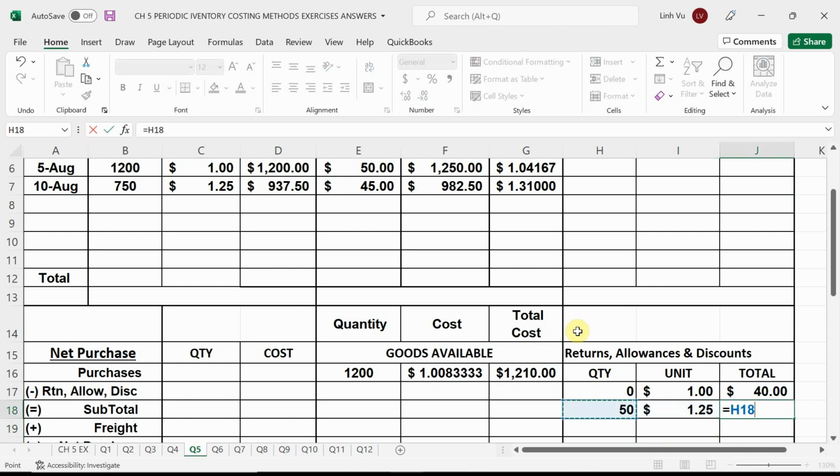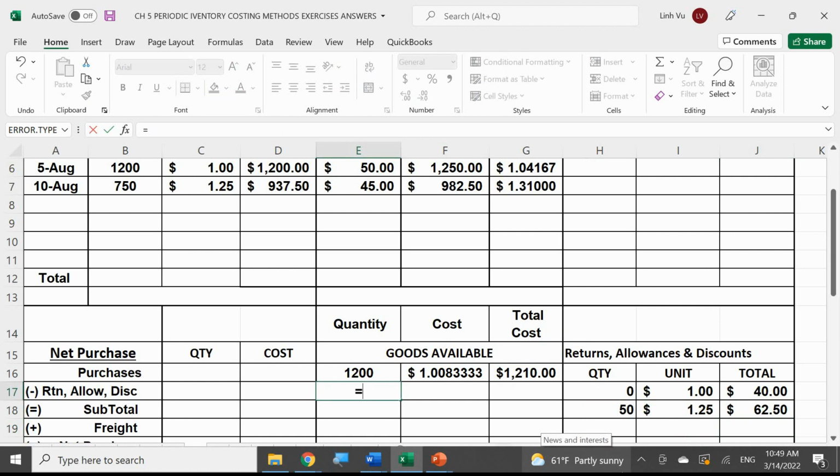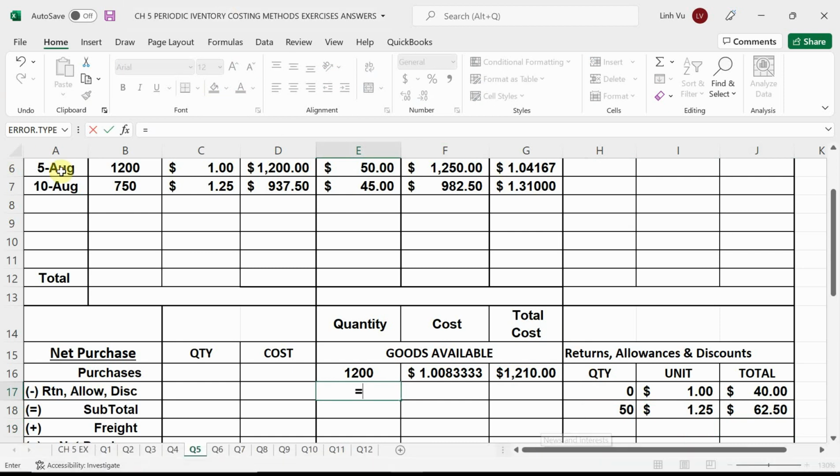What was going to be my total refund? $62.50. So this batch, I had 750, but I ended up returning 50 of those items, so I should have 700 left.